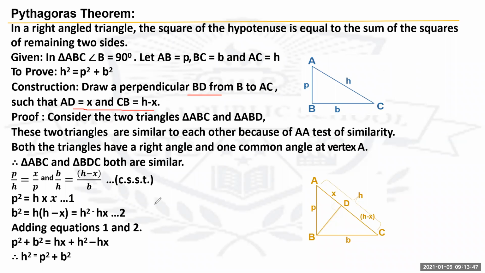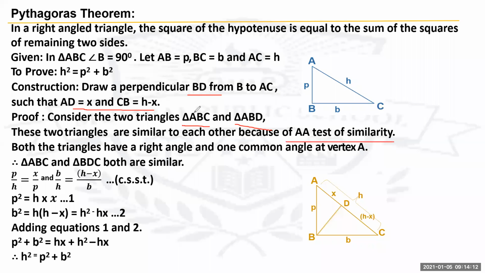So with respect to that, what you will get? You will get the original triangle ABC similar to triangle ABD. Now these two triangles are similar to each other because of the angle-angle test of similarity.